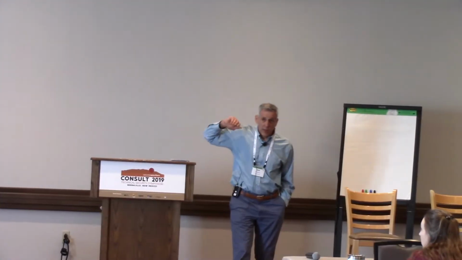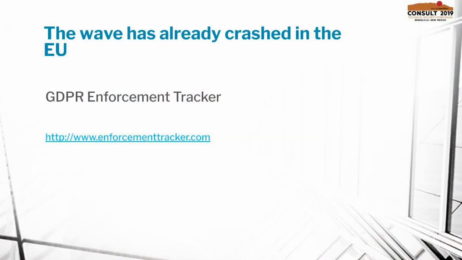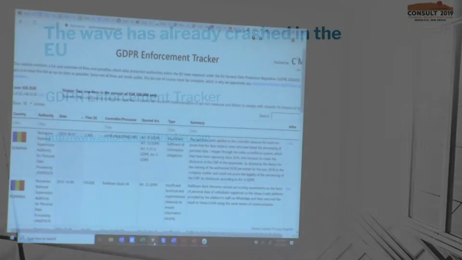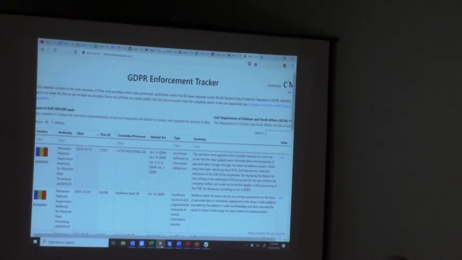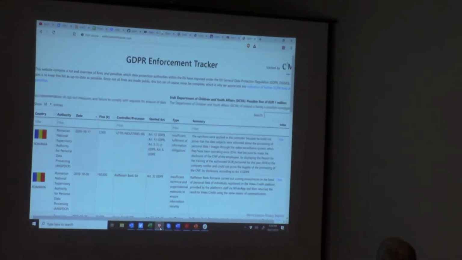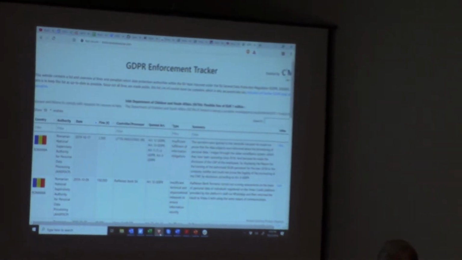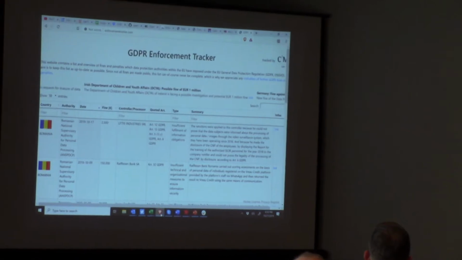And then, as far as the EU, this stuff has already happened, right? So bear with me if I can pull this off. So this is the GDPR. If you go to enforcementtracker.com, you've got this list of GDPR fines.